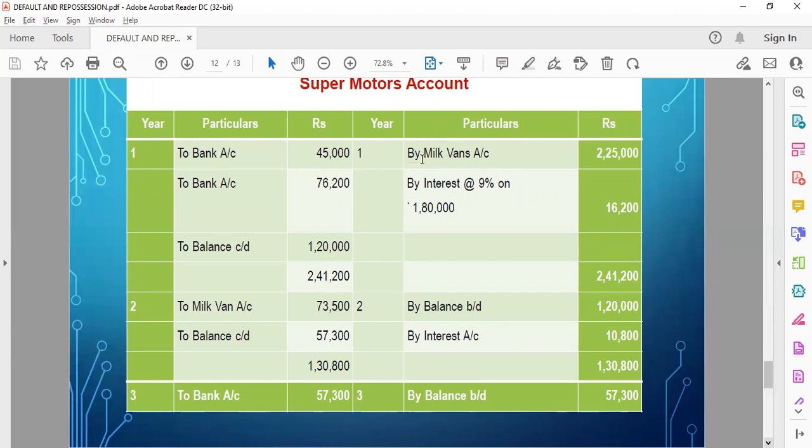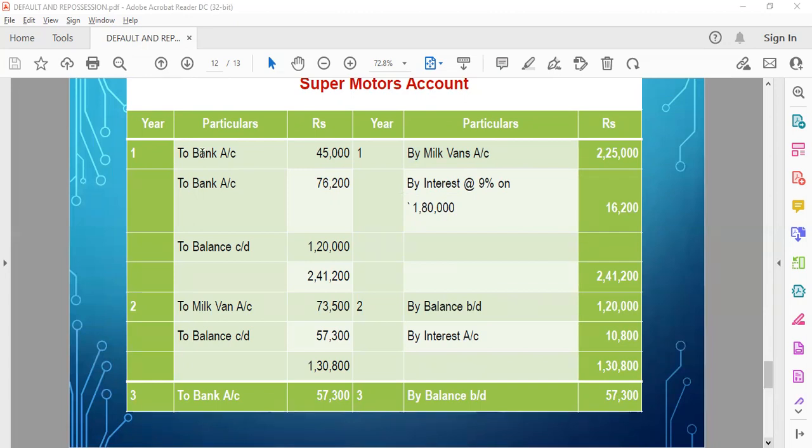Before that, write by milk vans account, the cost 2,25,000, which is 75,000 into 3. Write 2,25,000 in the total column.